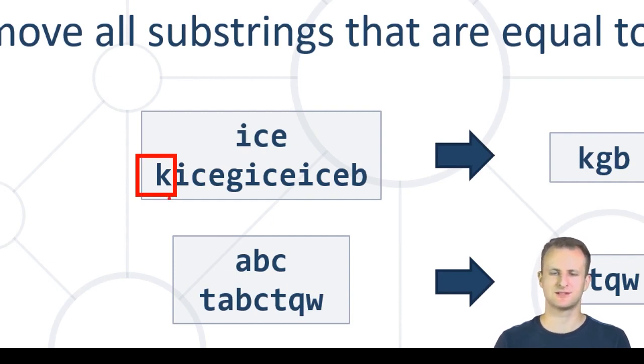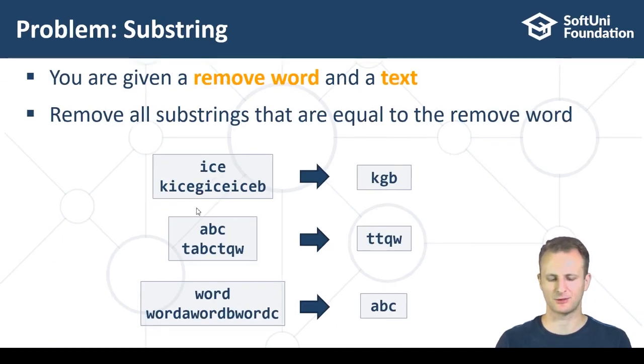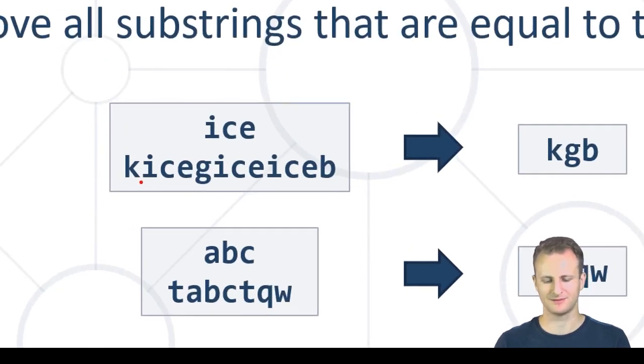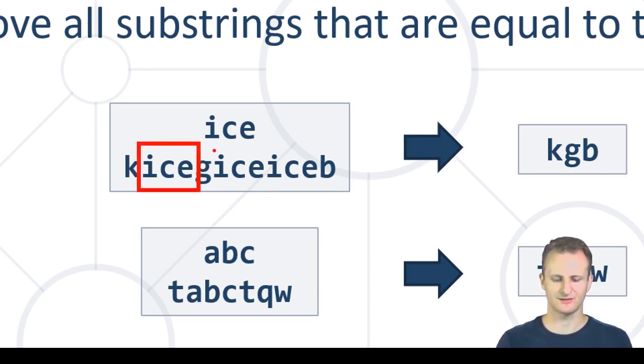Now, there are a few ways you can do this, a few interesting ways. One option, the obvious option based on what we know up until this point, is what? Well, we can start from the beginning of the string and then search for the keyword which we've been provided with.